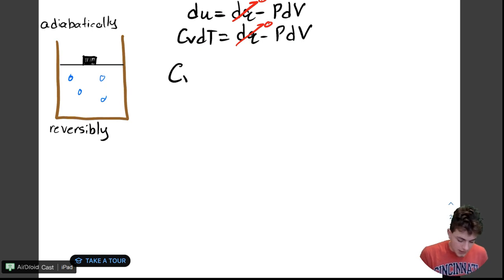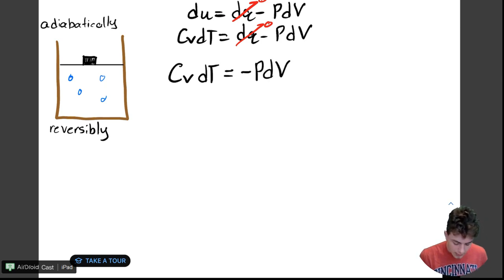Therefore, we can write the relation that the specific heat at a constant volume times the differential of temperature is going to be equal to the work done by the system. Now, with this relation here, we can again, since we're using the process reversibly, replace P with RT over V.